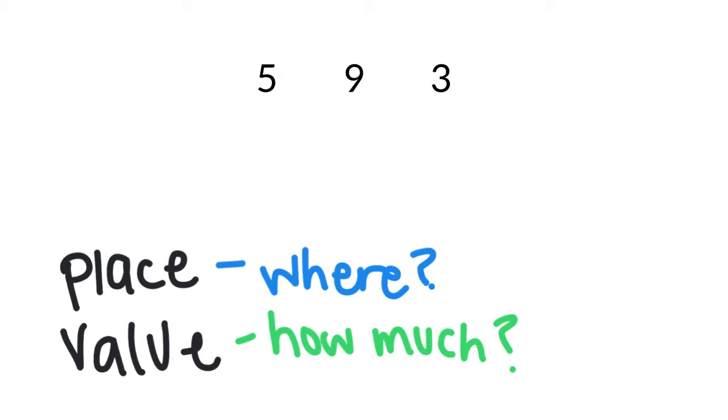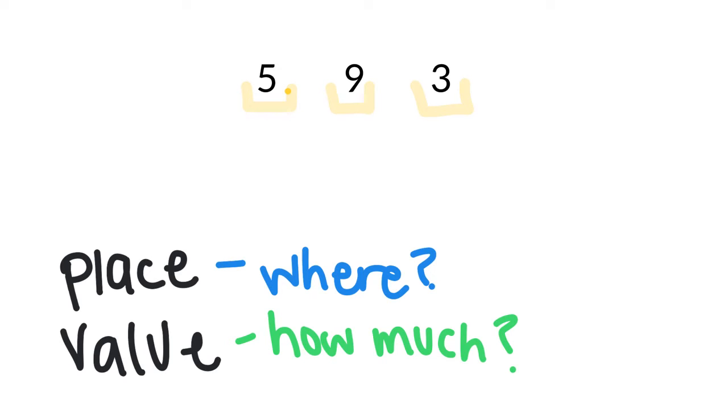So place value. For example, when we see this number right here, I know from my previous years of school that this is 593. But if I'm looking at this number even closer, I can see that there is a 5, a 9, and a 3.